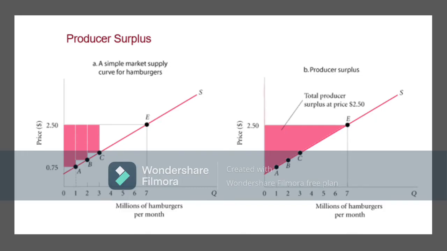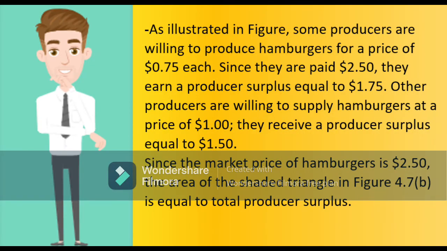The diagram shows a market supply and producer surplus. This diagram shows some producers are willing to produce hamburgers for a price of $0.75 each. Since they are paid $2.5, they earn a producer surplus equal to $1.75 each.